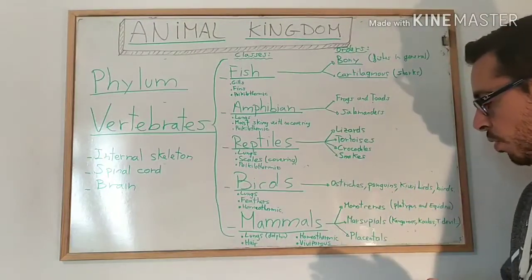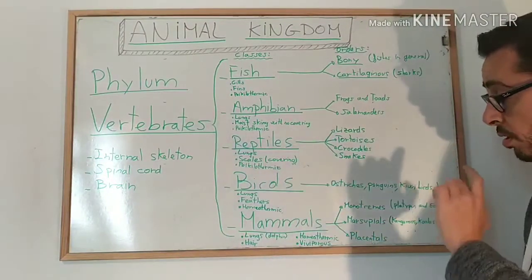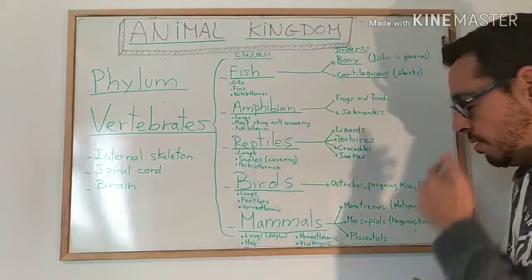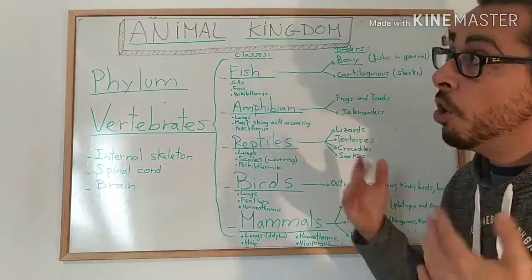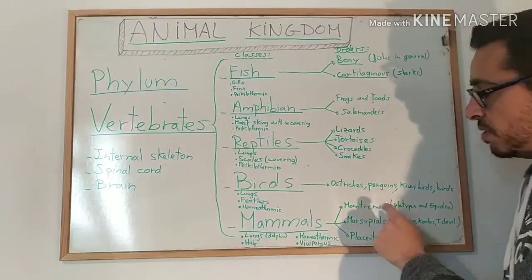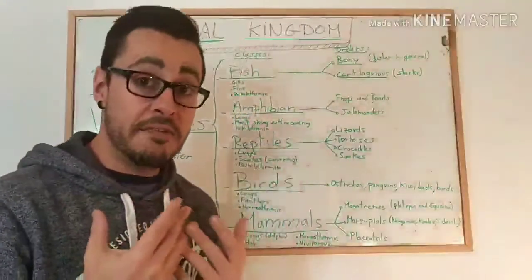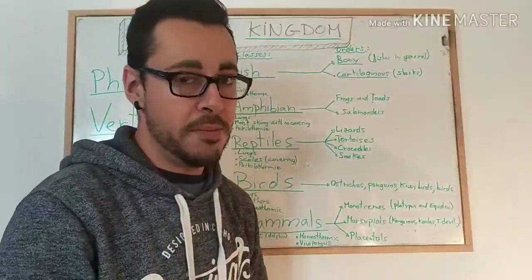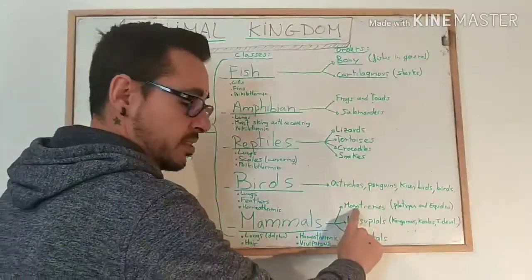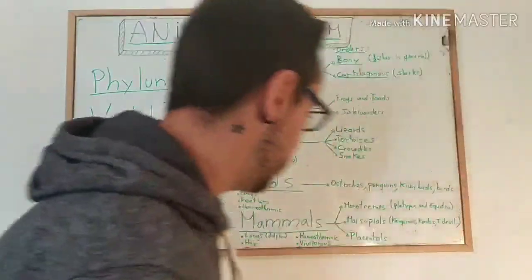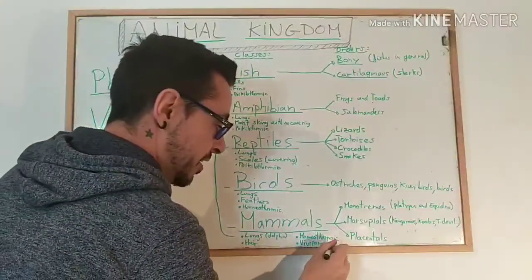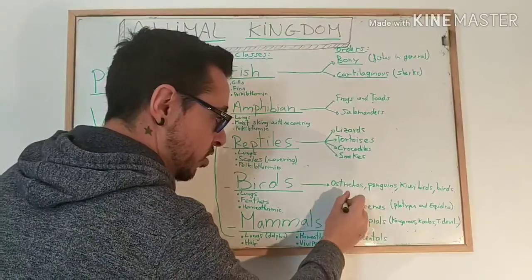Okay, so I'm going to start with the most simple, okay, but the least evolved. Monotremes are mammals because they feed off the breast milk of their mother. Okay, but these ones are not viviparous. Here I told you that they are viviparous, but these ones are not.